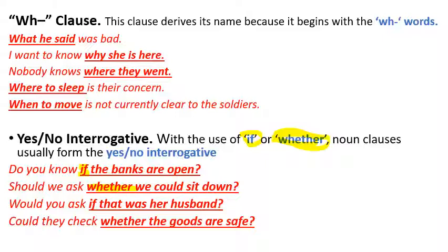Do you know if the banks are open? Should we ask whether we could sit down? Would you ask if that was her husband? And the last one: could they check whether the goods are safe?